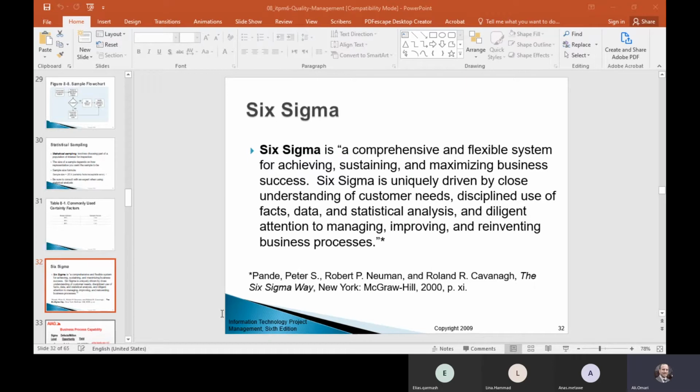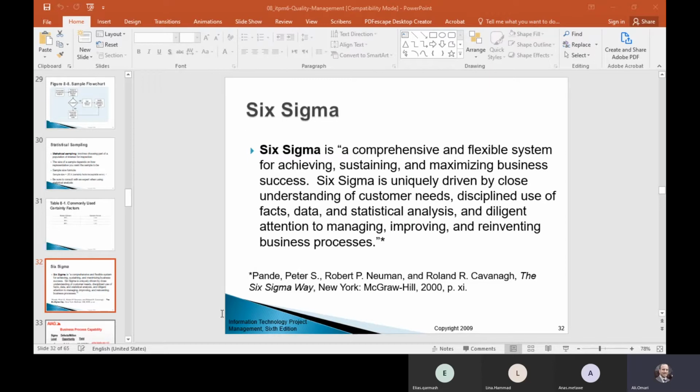It's basically a customer focused principle to improve the quality. Any project uses the Six Sigma principle for quality control. Normally, it follows 5 steps. We'll talk about it later.